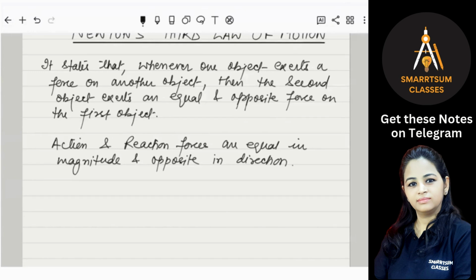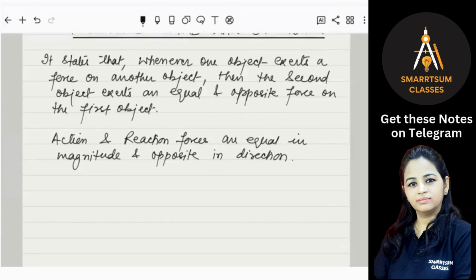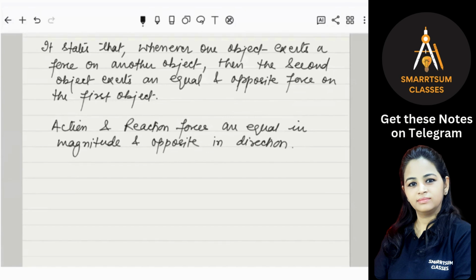So this law says that when there are two objects and one object exerts a force on the second object, then the second object also exerts the same force on the first object, equal in magnitude but opposite in direction. Let us understand this with the help of a figure.